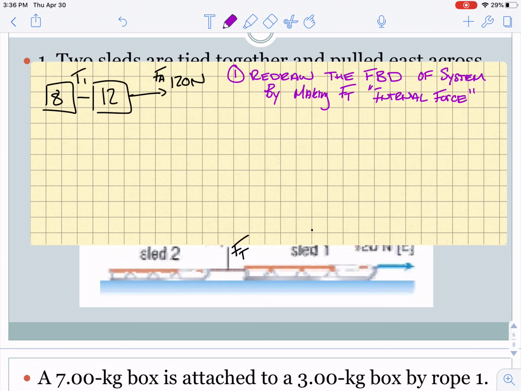Okay? So what I'm saying is we can go like this and say, okay, this 20 kilogram mass, which is both sleds acted together, are being pulled by 120 newton force. So the purpose of this step is that now I can find the acceleration of both sleds.